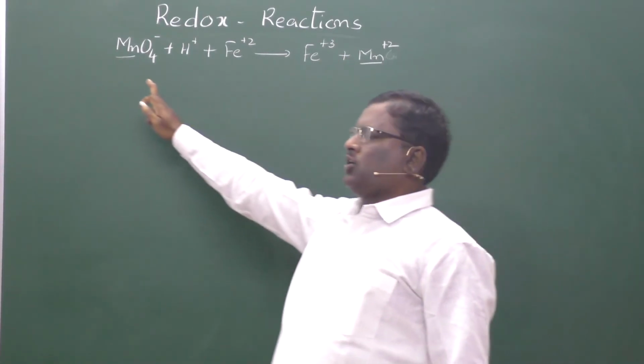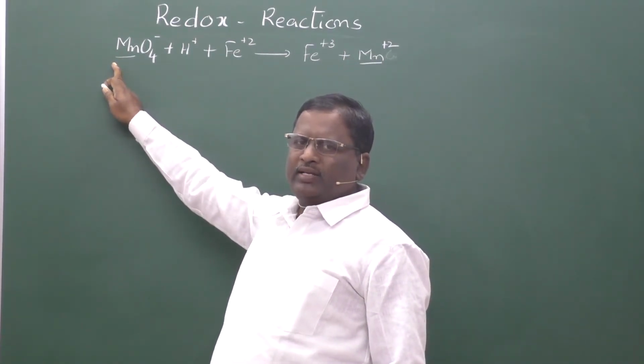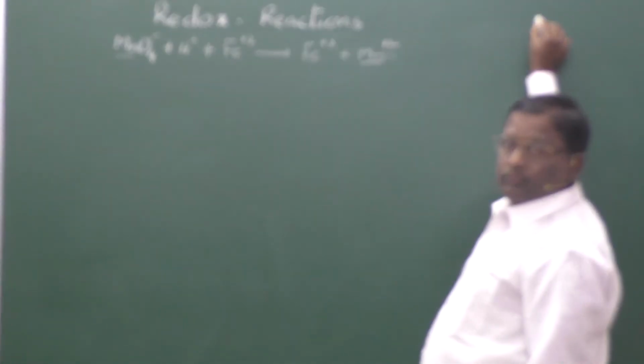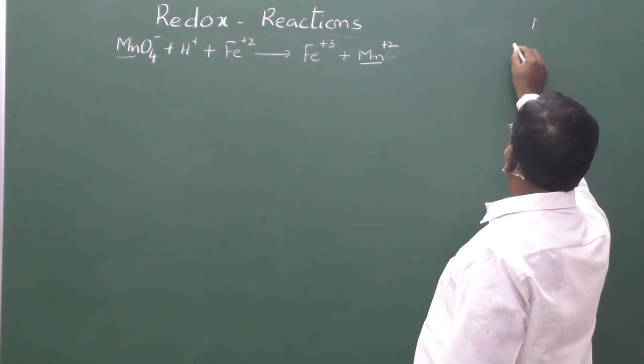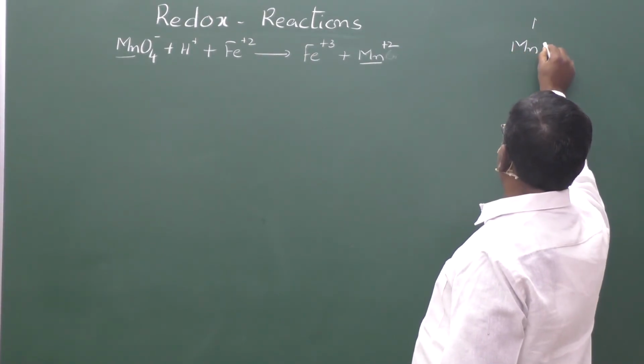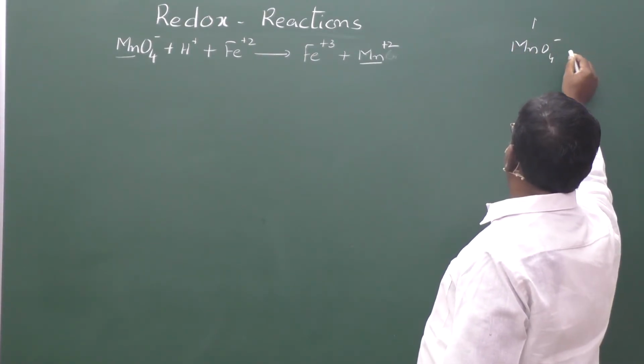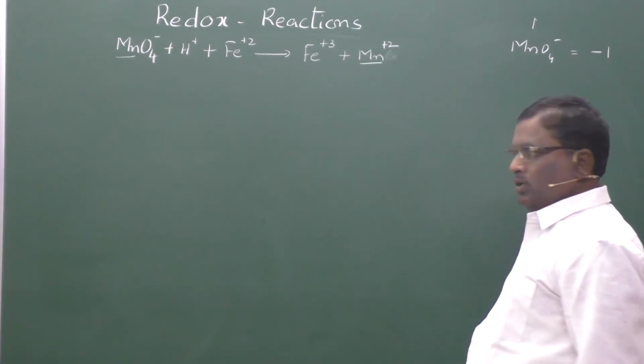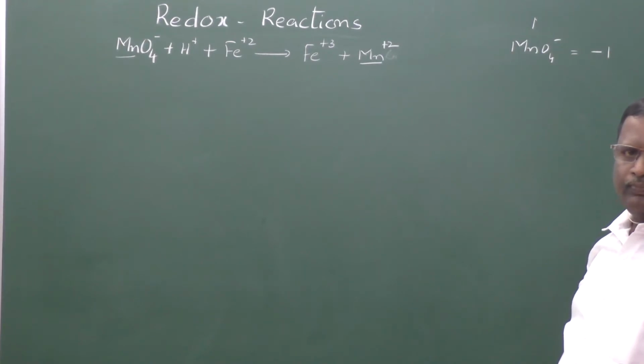Now, you have to calculate the oxidation state of Mn in MnO4 minus on the reactant side. In MnO4 minus, the sum of the oxidation states of all atoms is equal to minus 1, because the charge is minus 1.